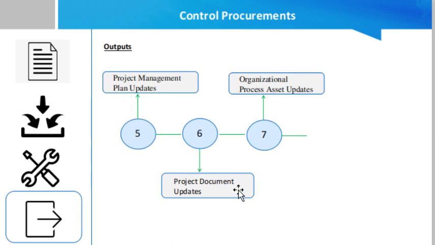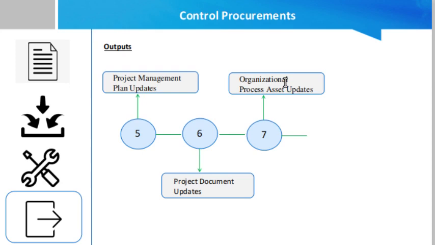Then project document updates. It will include the assumption log, the requirement management plan, requirement document, scope document, procurements, etc. All the documents related to the project, which are related to procurement, can be updated here. And in the last, organizational process assets updates. Remember, organizational process assets updates means that the documents which pertain to, for example, the performance of the vendor will be updated here.